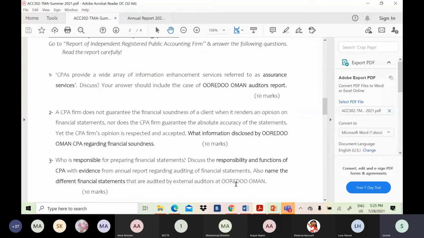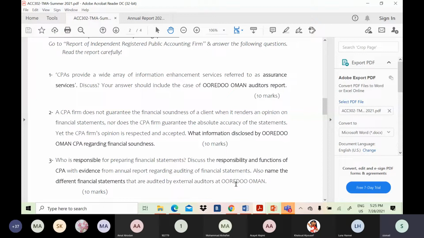فبيقول لحضرتك بقى الرأي بتاع المراجع regarding the financial soundness، اللي هي if the financial statement is free from error or fraud, or if the financial statement complies with the standard or not. What information is mentioned? Which opinion did he select? Okay, is it clear؟ يبقى كأني بقول لحضرتك اشرح لي الأول.